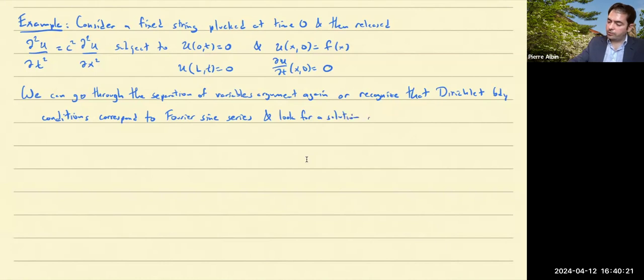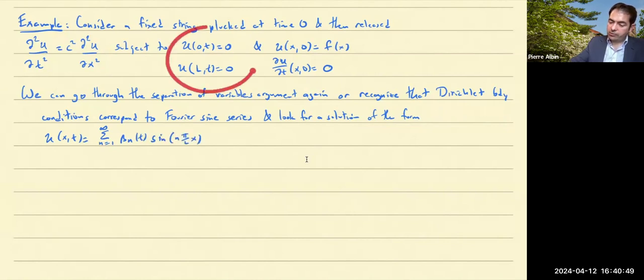And look for a solution of the form u of x, t equals sum of beta n of t times sine of n pi over L x.